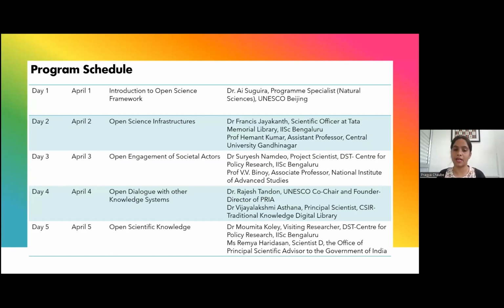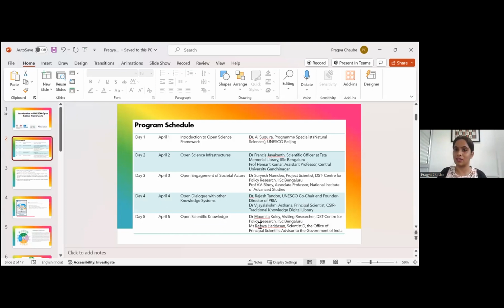And on April 5th, open scientific knowledge. Please make sure that in order to receive a certificate, you have to attend at least 3 out of 5 sessions. But I would highly recommend you attend all 5 sessions, because trust me, it will be very interesting and very informative.